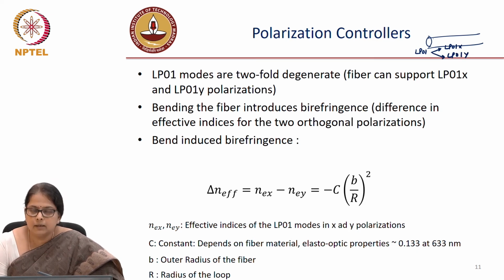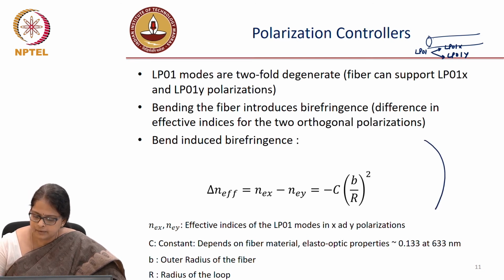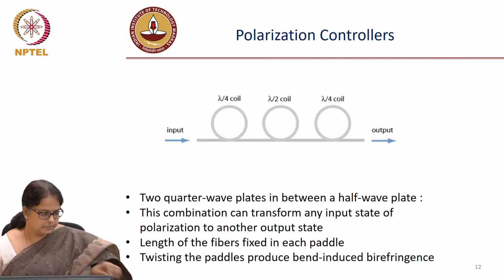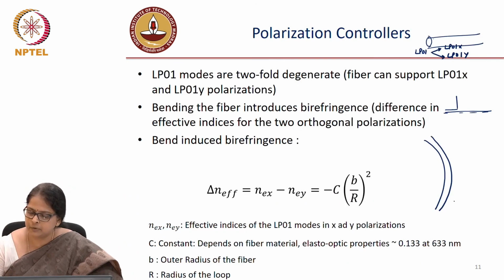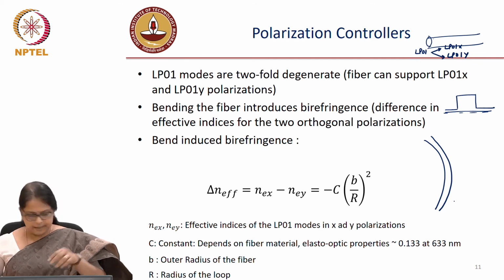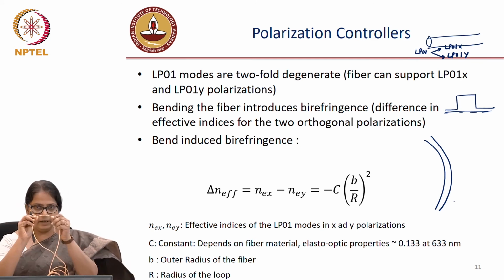polarizations. But what happens is when you bend the fiber, so this is the core of a bent fiber. The refractive index profile, which was supposed to be like this, changes when the fiber actually gets bent.